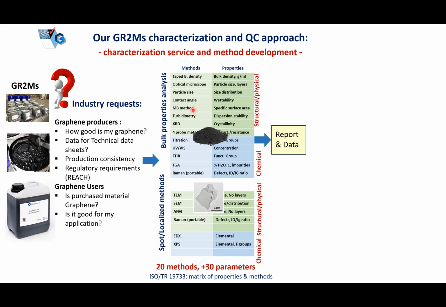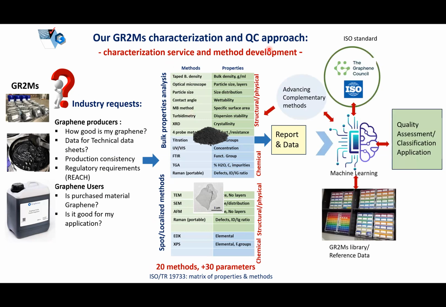To address all these requests, we established in our lab a very comprehensive testing program based on ISO standards and our own developed methods, able to provide information about localized and bulk properties of graphene materials. In total, we developed 20 different methods and measured 30 parameters, which are all listed here. Our work on developing complementary methods is specifically focused on bulk graphene powders.